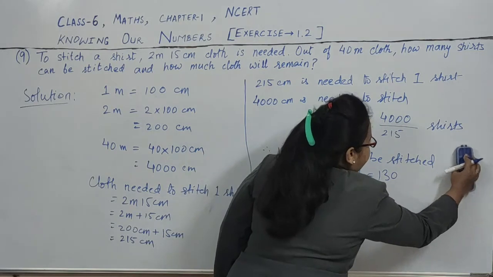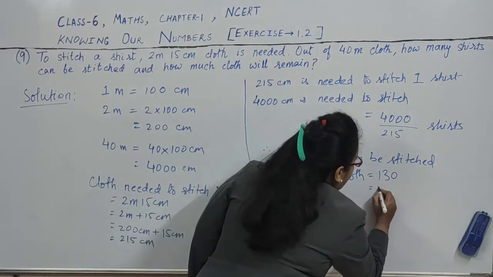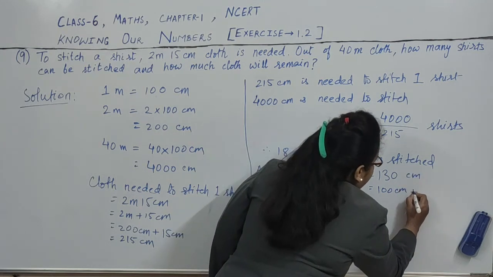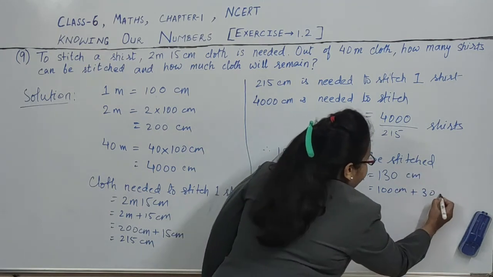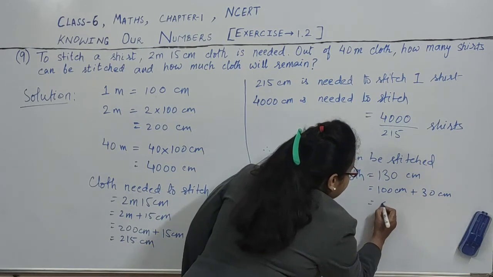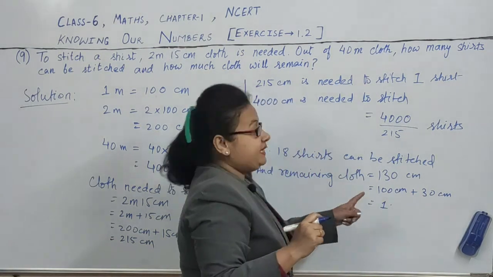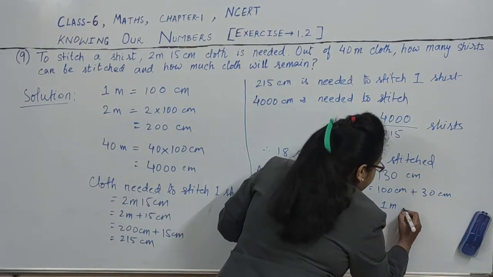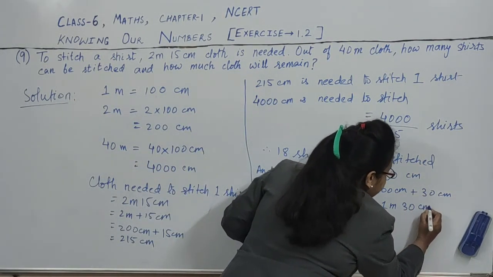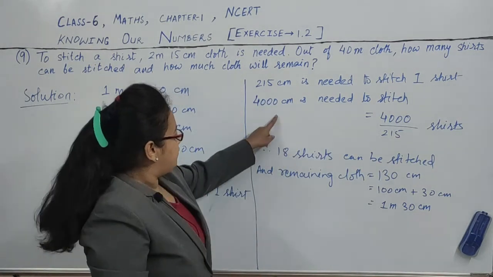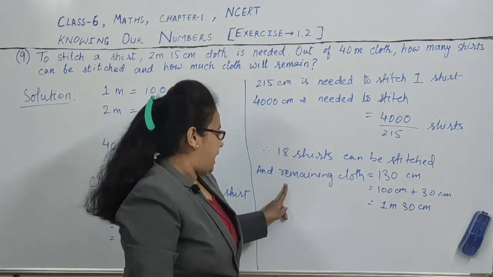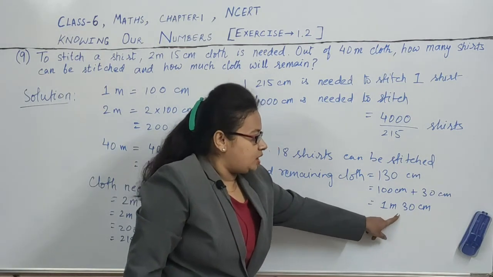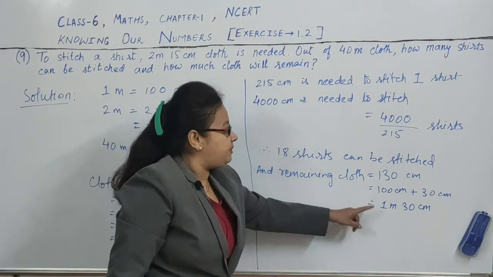Now I will rub this one. 130 centimeter means 100 centimeter plus 30 centimeter. 100 centimeter means 1 meter. So it will be 1 meter and 30 centimeter. See, 18 shirts can be stitched and the remaining cloth will be 1 meter 30 centimeter, because 1 meter 30 centimeter is remaining.